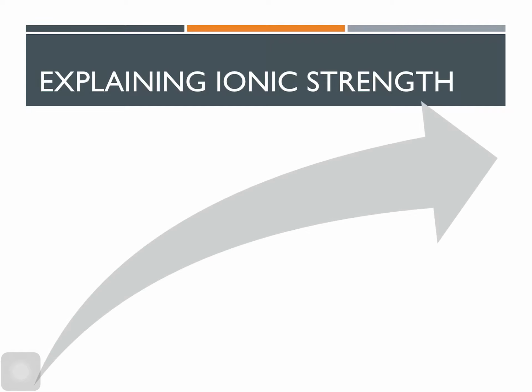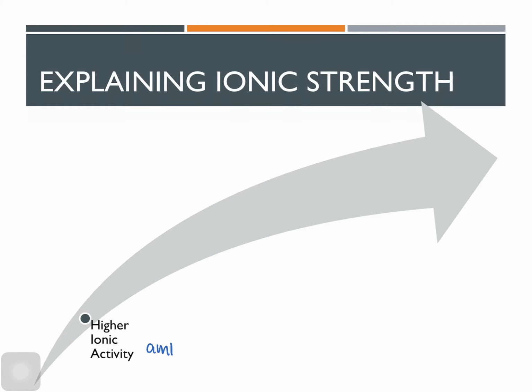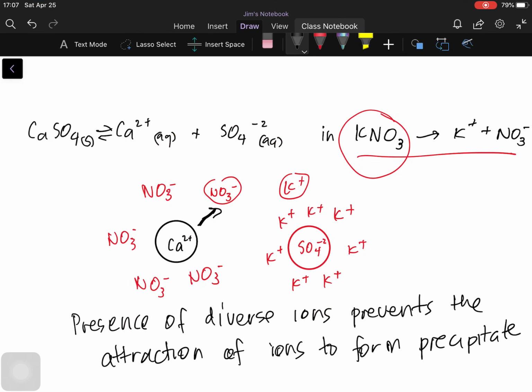Okay, so when I say ionic activity, this is the amount of inert ions. So let me write that down. This refers to the amount of inert ions. So when we increase the amount of inert ions or the ionic activity, more ions diffuse into the ionic atmosphere. So what is the ionic atmosphere? Let's go back.